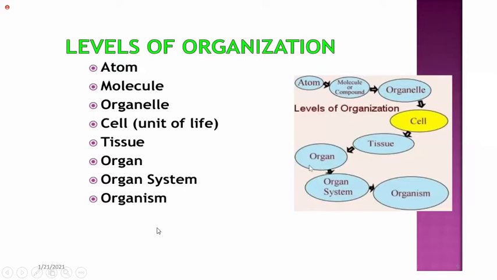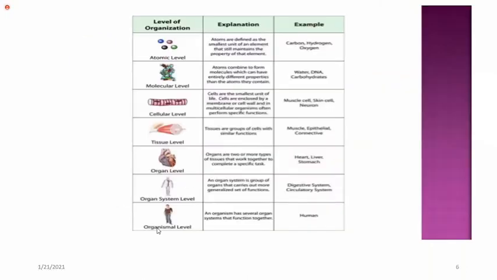A collection of organs in a well organized manner will lead to organ systems, and as a whole, it will form a complete organism. So even human beings are from cells, tissues, organ systems, and ultimately the human being.